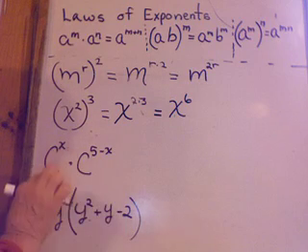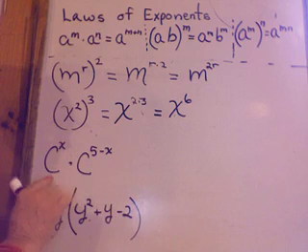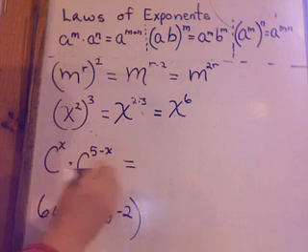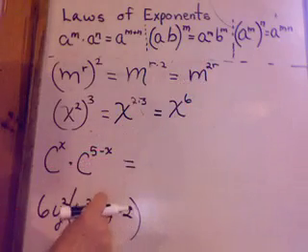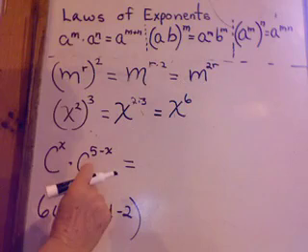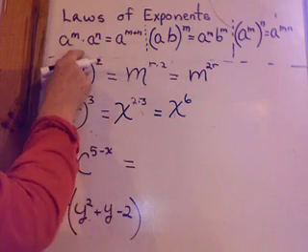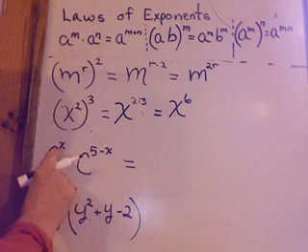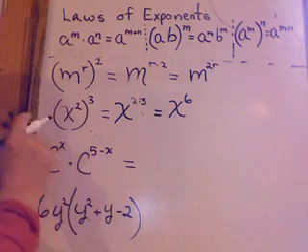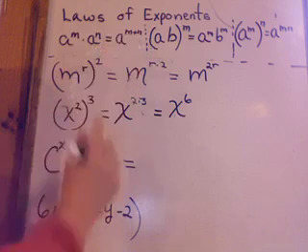All right, this one is very tricky. All right, which rule is it? Is it the third rule? Nope. Second rule? No. It's the first rule. The two bases are the same. What do I do with the exponents? I add the exponents.